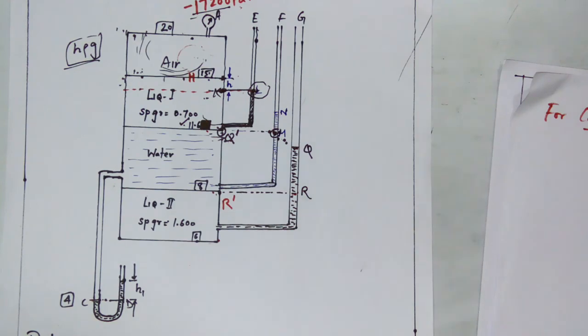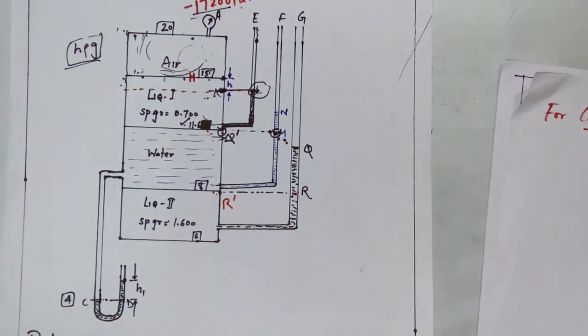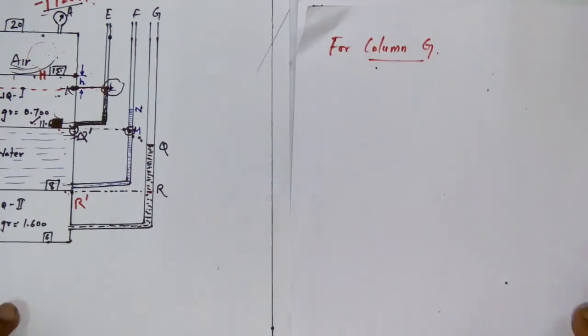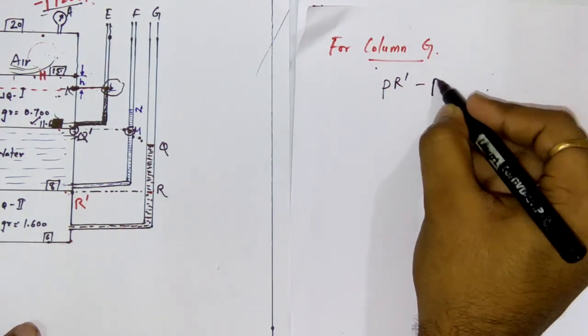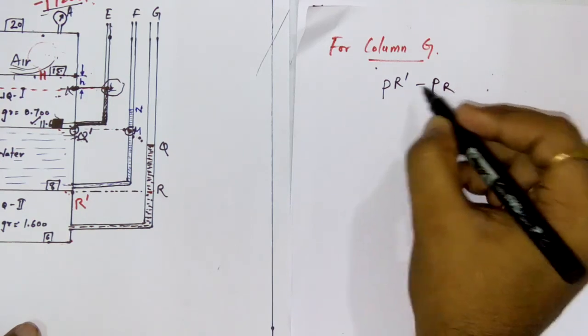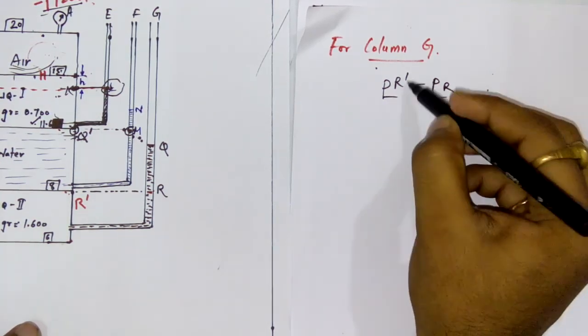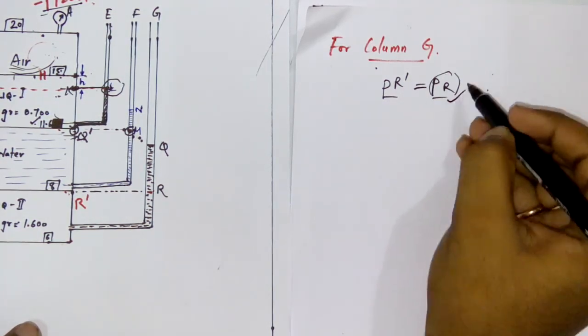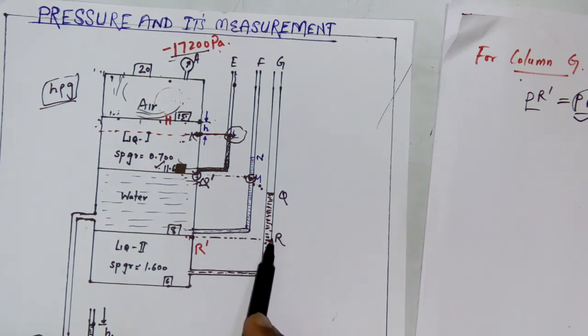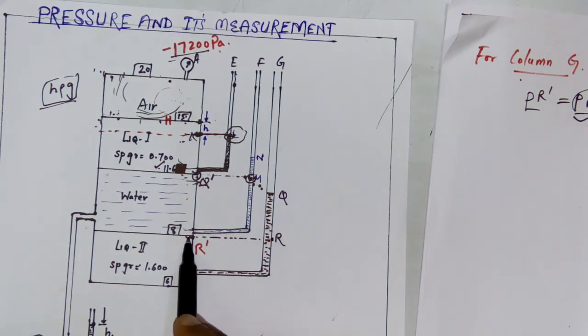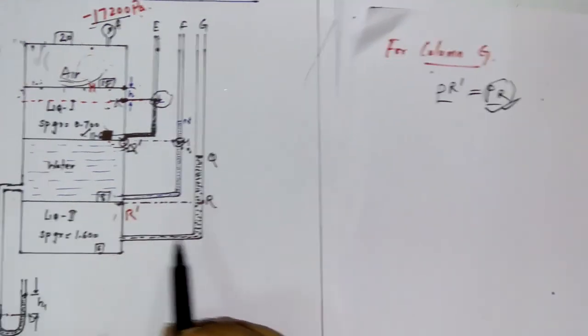So I need to equate these two pressures: pressure at R dashed is equal to pressure at R. Why are these two pressures equal? Because they are lying on the same horizontal level and within the same liquid, that is liquid 2.